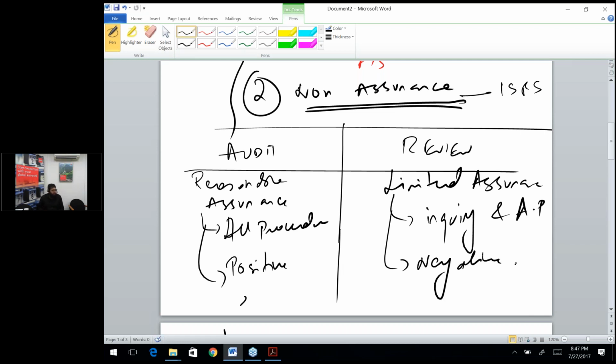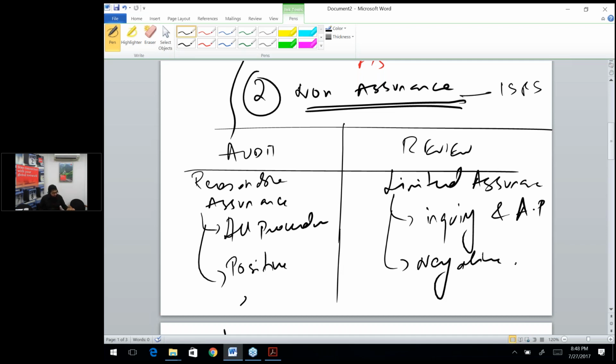The audit gives rise to reasonable assurance and the review gives rise to limited assurance. In an audit we perform all the procedures, but in a review we only perform the limited procedures of inquiry and analytical procedures.